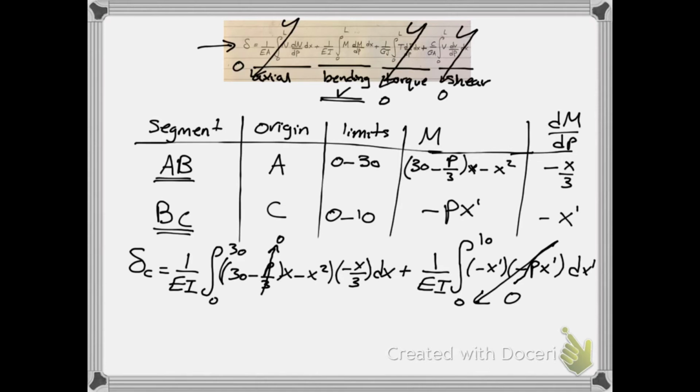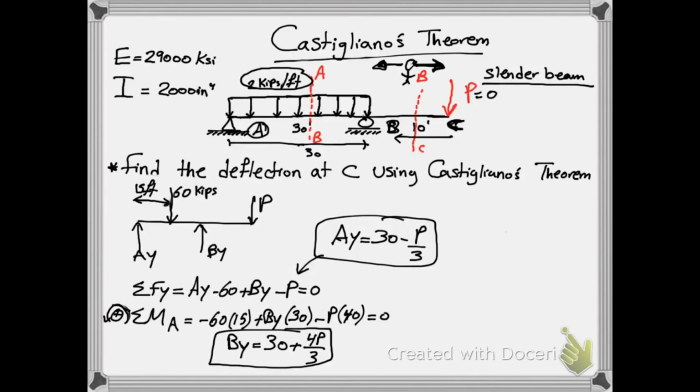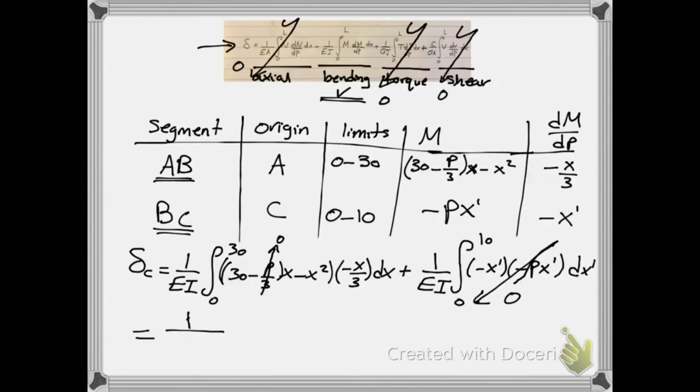So if we simplify this integral, we're going to see 1 over Young's modulus, which is 29,000 ksi, and for the moment of inertia it's going to be 2,000 in to the 4th.